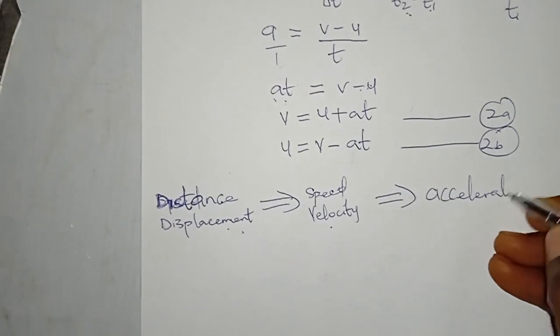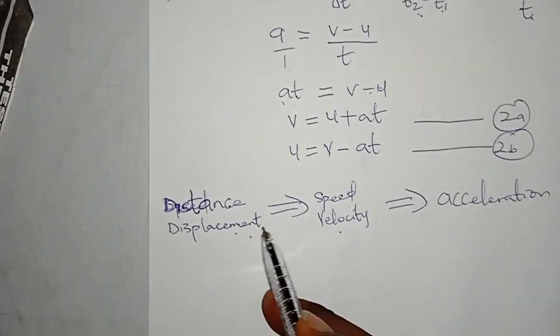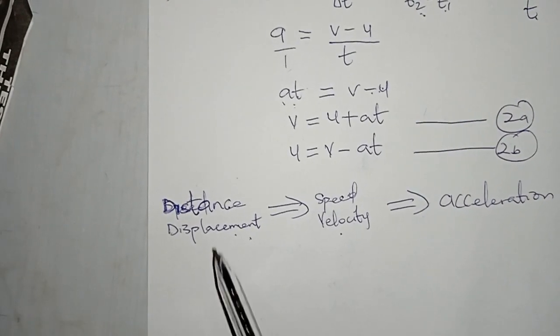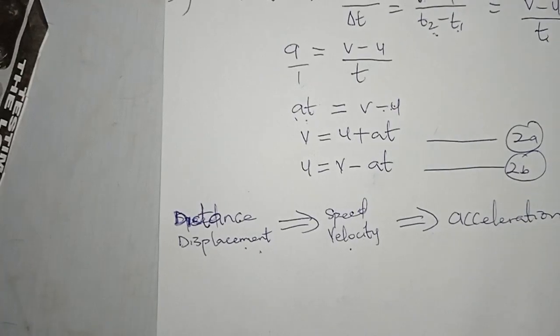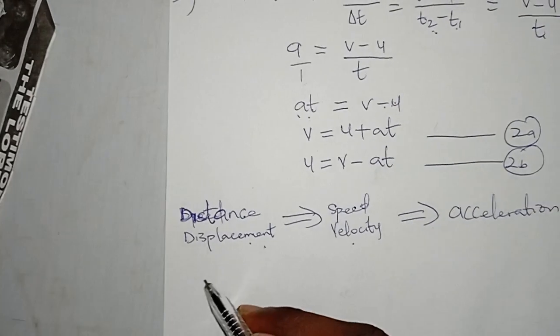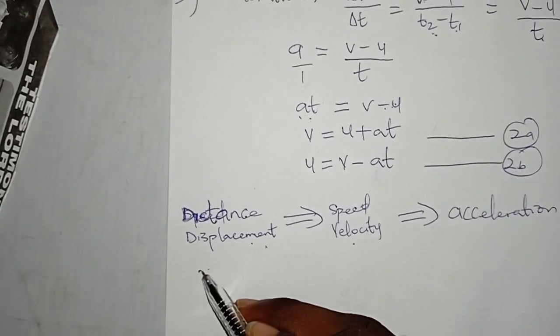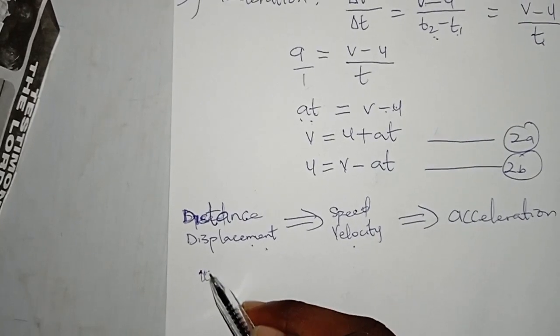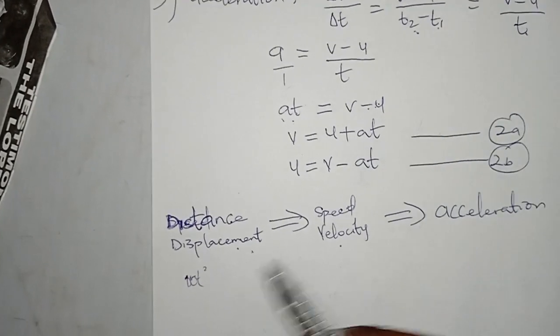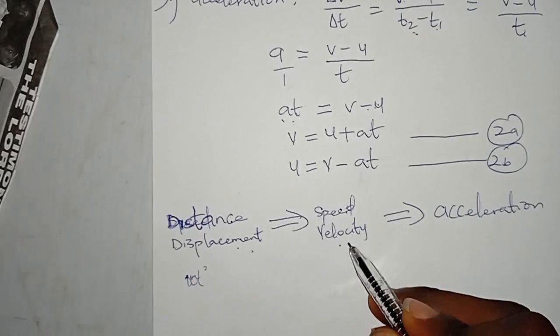So just as I've done it now, notice that anytime you are moving in this direction, they give you the distance of a body, let's say it is given by the equation 10t squared. Find speed or find velocity.